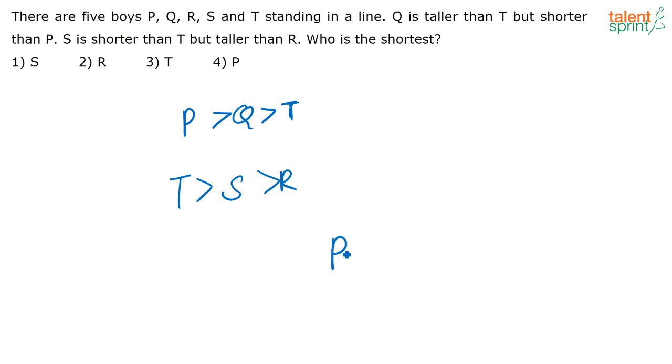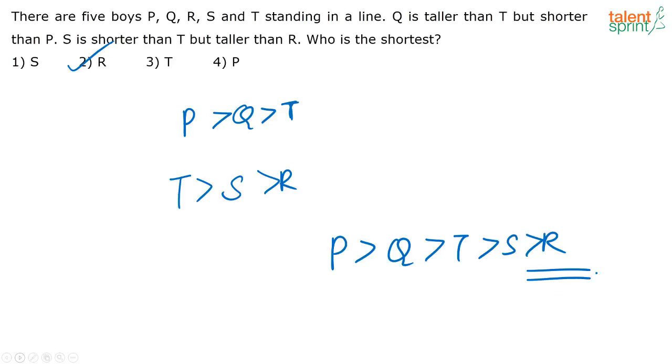So if you arrange them, what is going to be your arrangement? This is the arrangement that you get. So who is going to be the shortest? The shortest is going to be R. R is the shortest, that is option 2.